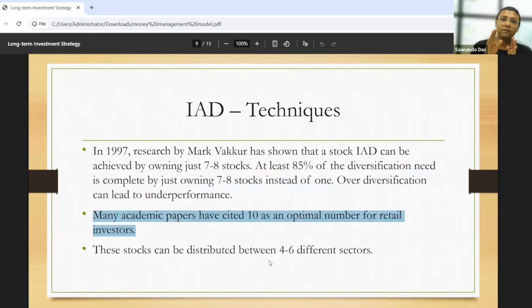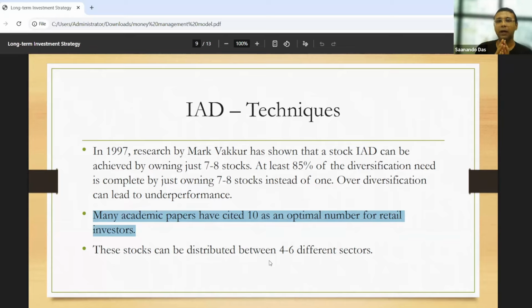If I take one of the legendary traders of our time, Mr. Mark Minervini, he suggests that at one time his portfolio has 10 to 12 stocks. And within those 10 to 12 stocks, the maximum weightage is on 4 to 5 stocks.